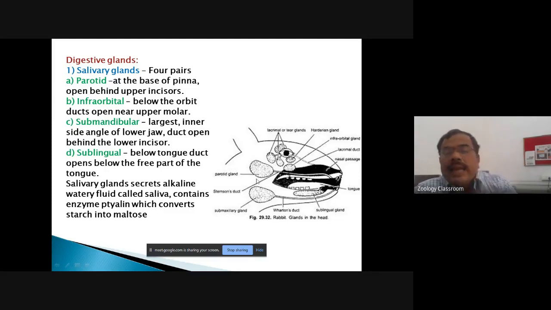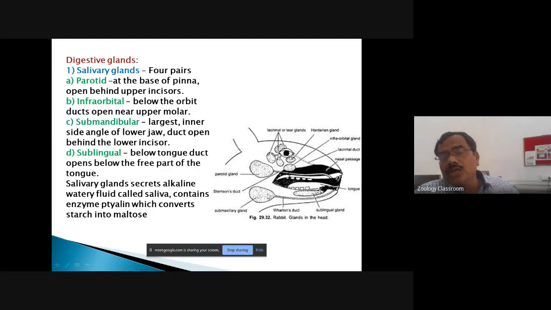So the third gland is the submandibular. Here it is submandibular, but the label is given as submaxillary. So there are two names; submandibular is also correct and submaxillary is also correct. The submandibular is the largest gland. It is located at the angle of the lower jaw. This is the lower jaw. So at the angle of the lower jaw, this gland is present.